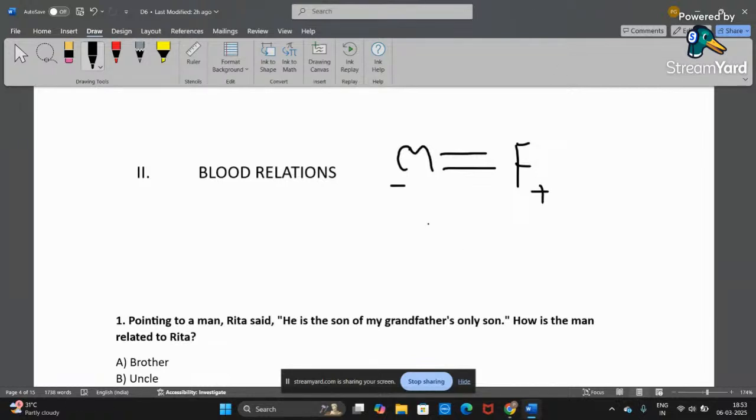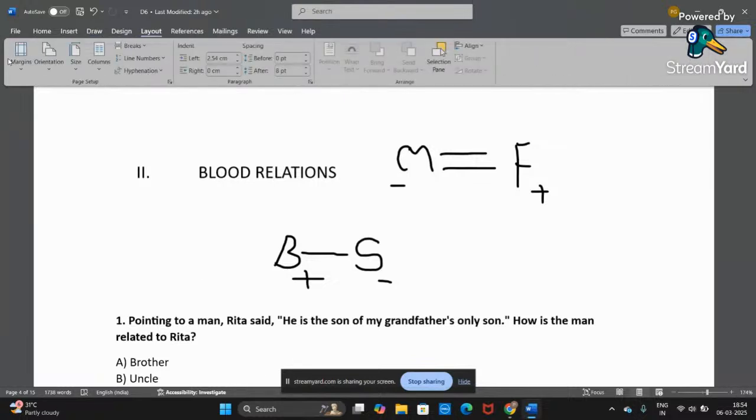Then between brothers and sisters, or between siblings, we will use this symbol. For brothers, for men, what is the symbol here? Plus. To identify women, it is minus. Now let's solve the problem. Just mainly remember this. This is more than enough to solve the problems.